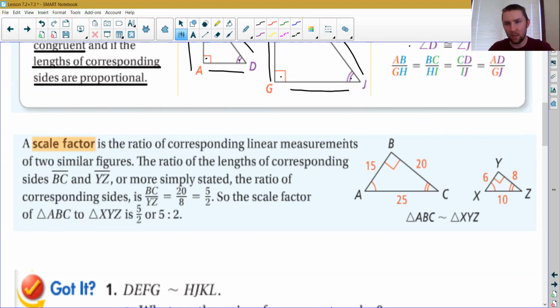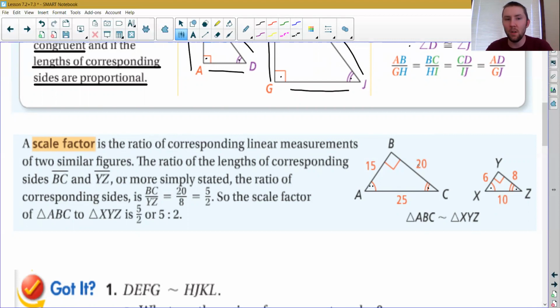Okay, so it's going to be helpful in this particular section to look at how your angles are marked, right? So this one has 1 mark, this one has 2 marks. So that side from 1 mark to 2 marks would be the same as this. So AC is the same as XZ.